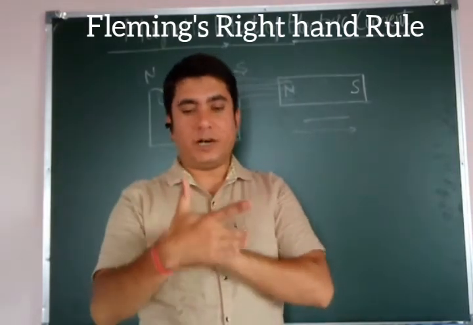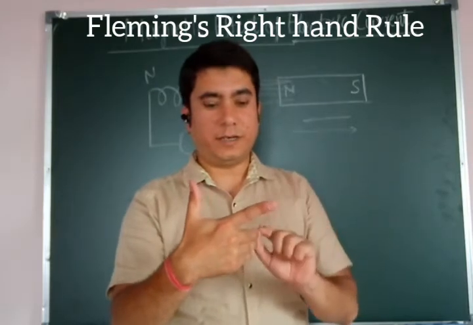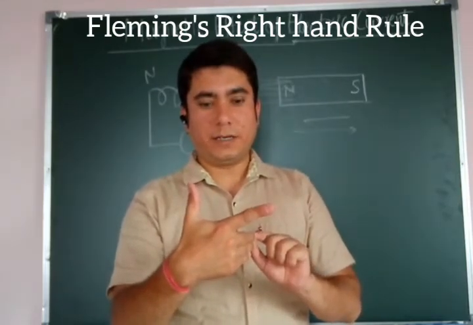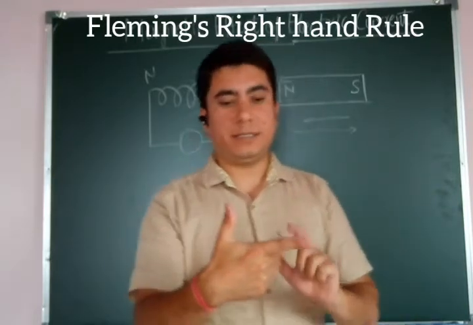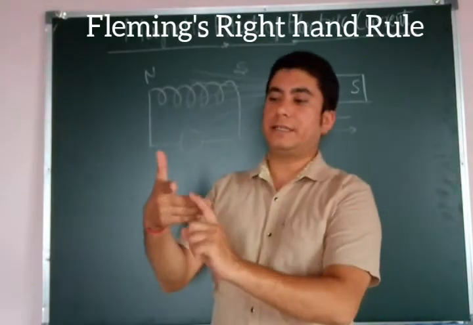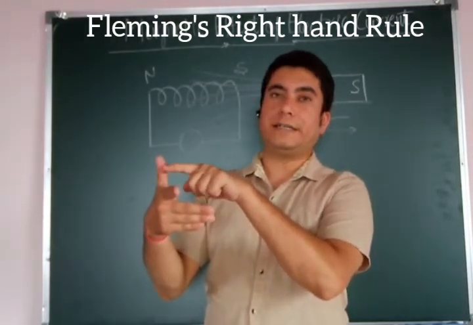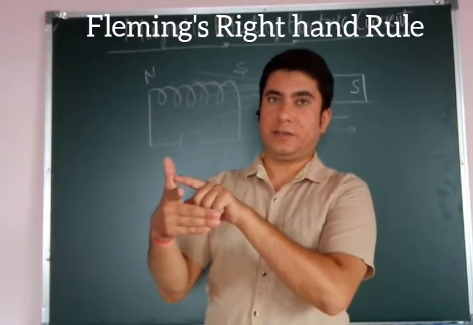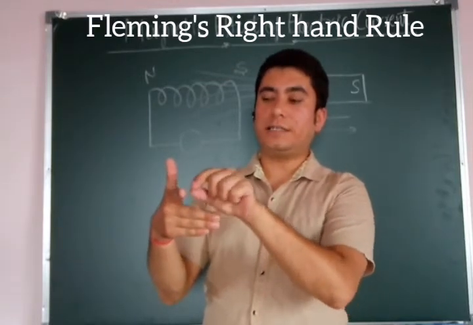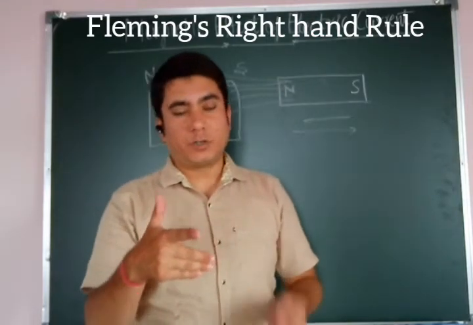If we arrange our fingers in this manner, our thumb, first finger and middle finger are mutually perpendicular to each other, means ये सब perpendicular. देखिए, ये इसका 90 degree, and these are also 90 degree. So all three fingers are at 90 degrees.